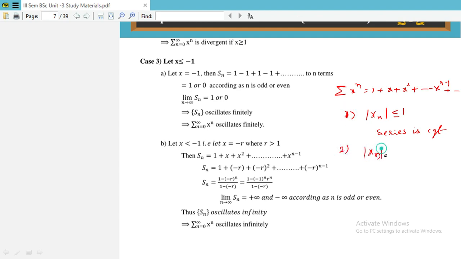Second case, mod x greater than or equal to 1: in this case, the series is divergent. Third case, x less than or equal to minus 1: in this case, the series is oscillatory. Okay. Thank you.